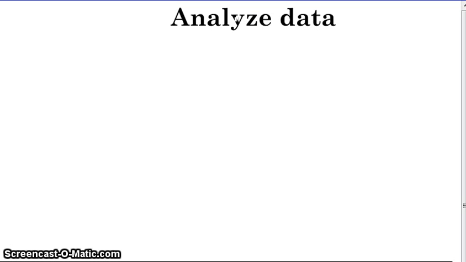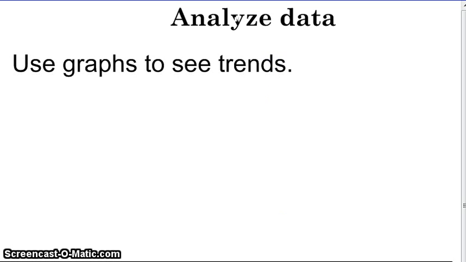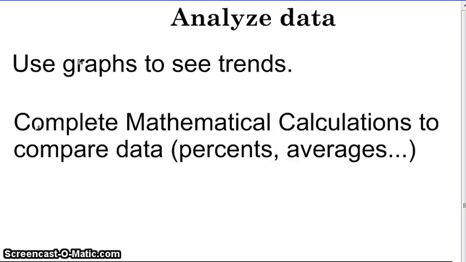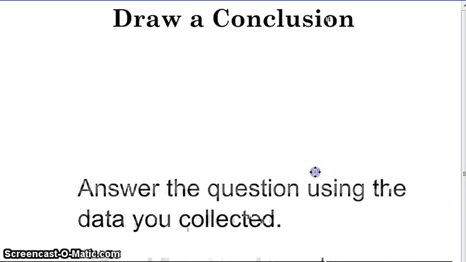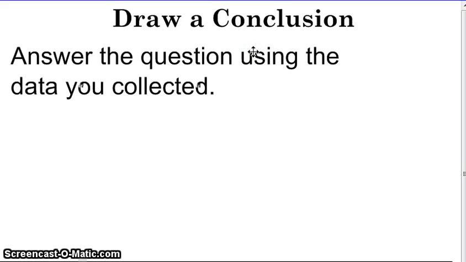Then the data needs to be analyzed. It can be analyzed using graphs that show trends, or you may complete some kind of mathematical calculation to compare data. You get percents and averages. After you've analyzed the data, the last step is to draw a conclusion or write a conclusion. The main goal of the conclusion is to answer your question.